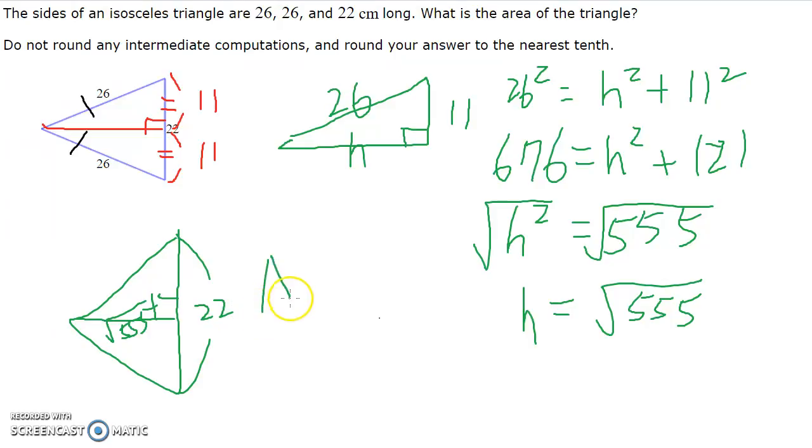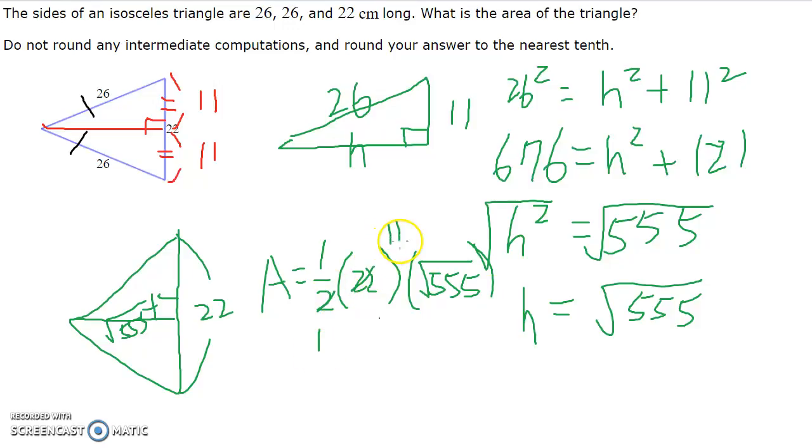So our area of the triangle is half times base times my height, which is square root of 555. So if I put that in my calculator, the half and the 22 can be simplified. I'll have 11 times square root of 555.